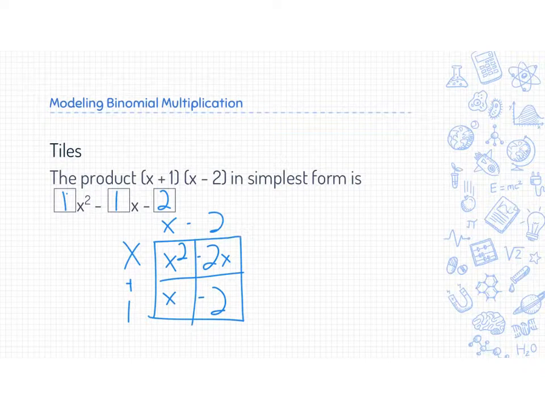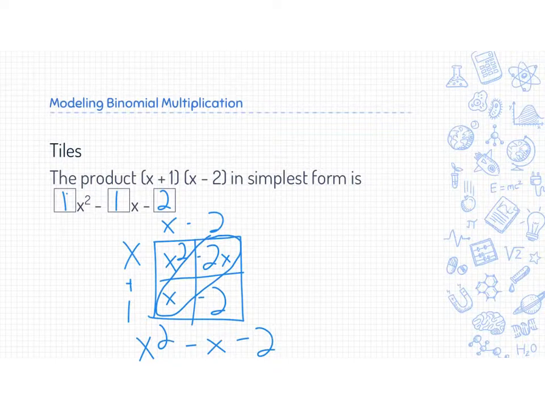Now, we add all of this up. You can write it all out, but a lot of students like the area model because our first term is x squared, but then we look at our diagonal, and those are generally where your like terms are going to be. So I have x and negative 2x, which is negative x, and then I have the negative 2 there to finish it, which is what we came up with there.